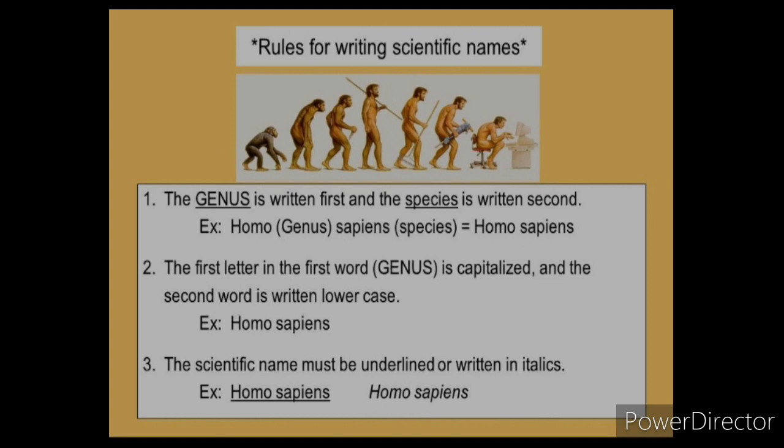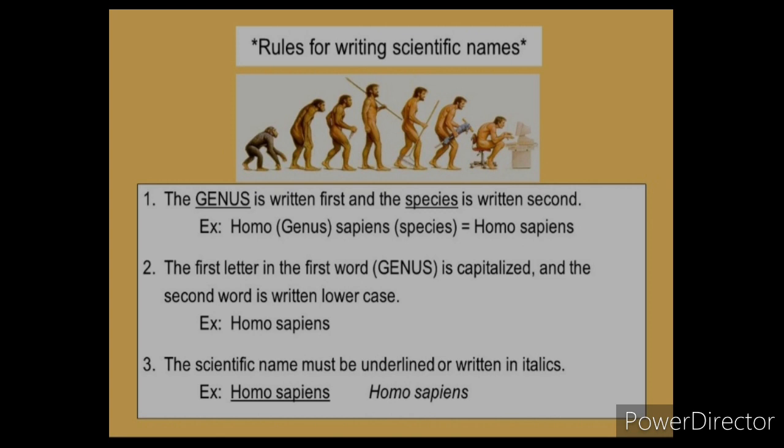Listen, the first word in a biological name represents the genus name, or the generic name, while the second word is the species name. First word genus name, second word species name.